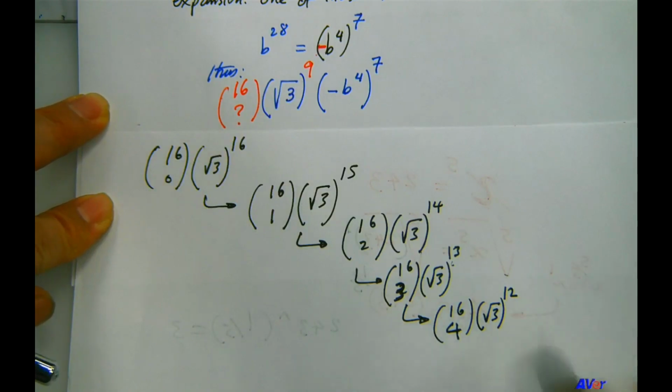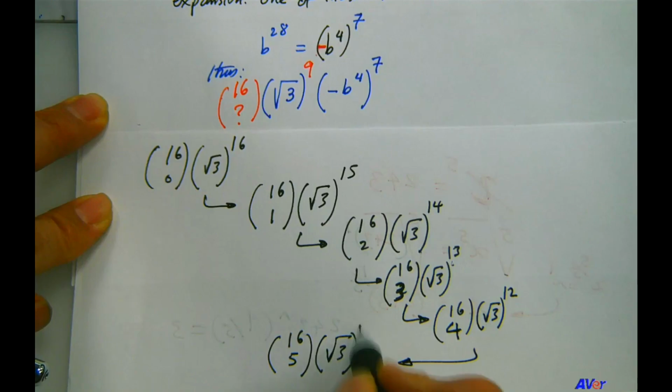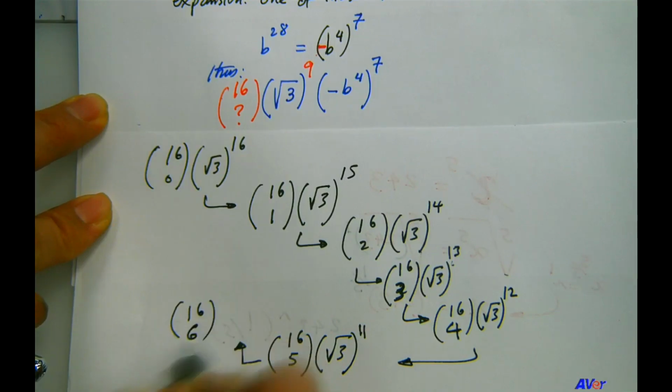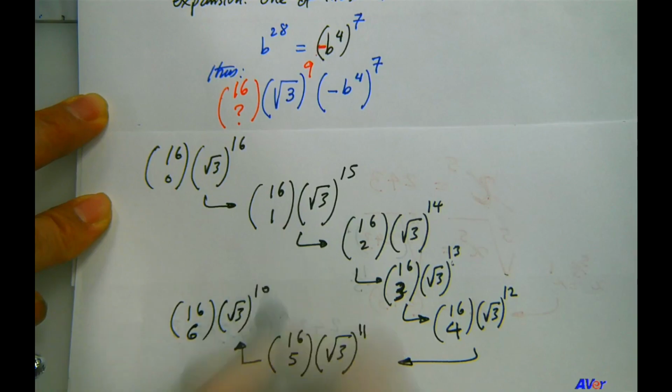And then I'm running out of room here. Let me come back this way. 16 choose 5 times square root of 3 to the 11th power. 16 choose 6 times square root of 3 to the 10th power.